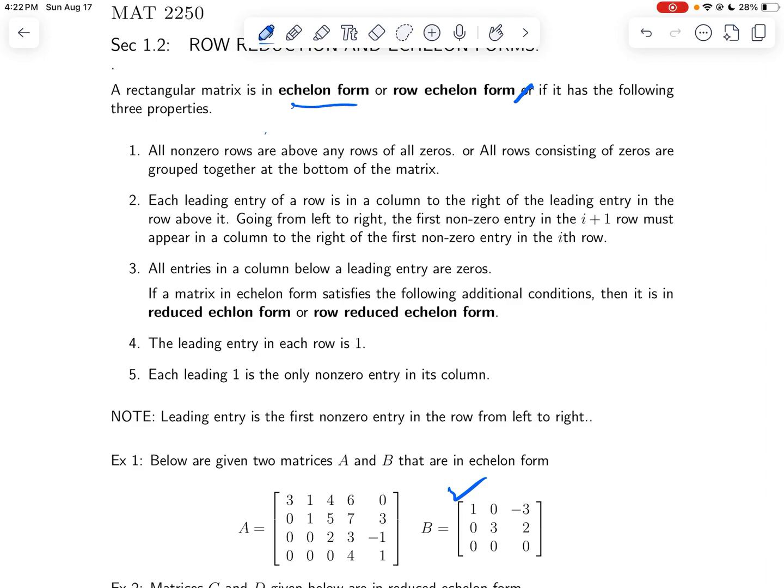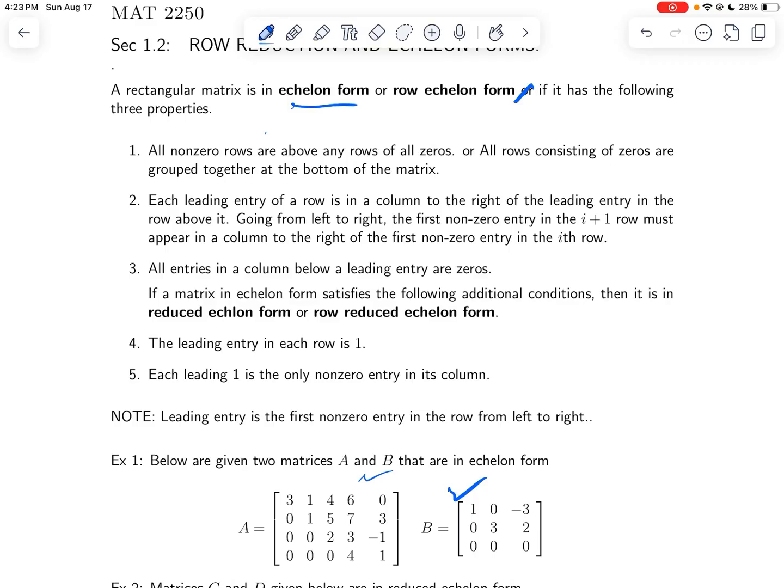In matrix A there is no row of zeros, so we don't have to worry about the first condition. But in matrix B there is a row of zeros and it is at the bottom of the matrix, so that condition is satisfied.